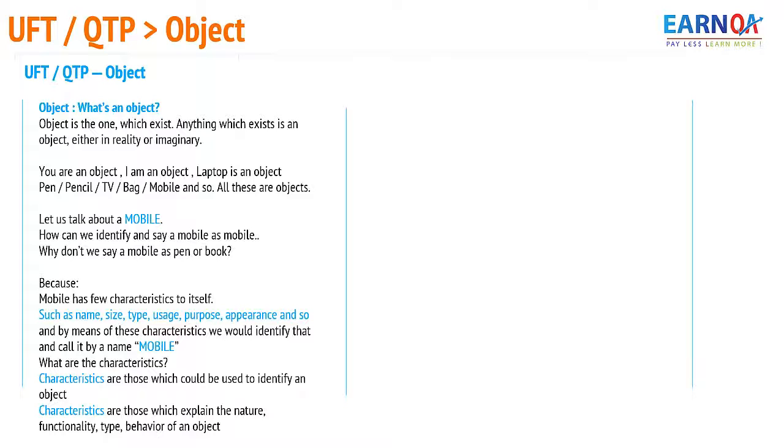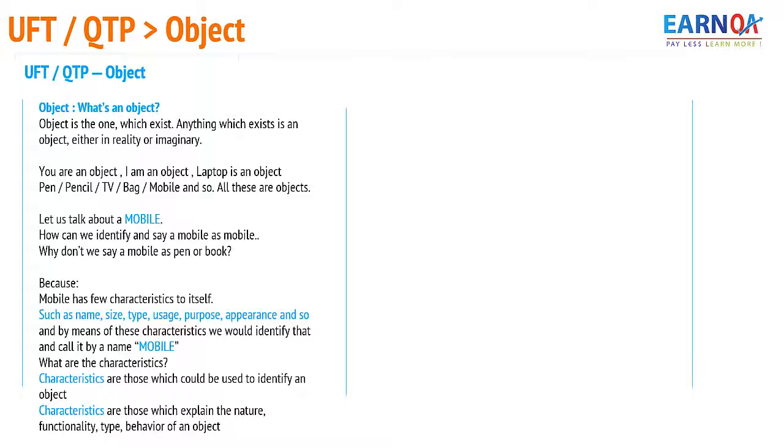All the objects have properties associated with them. The properties can be name, size, type, usage, purpose, appearance, layout. There are so many characteristics or properties that objects have. Because of these properties, it becomes easy for us to identify these objects.